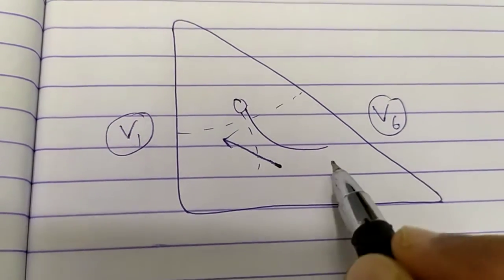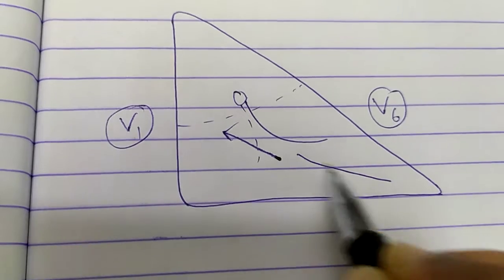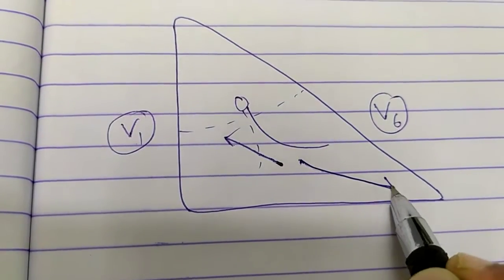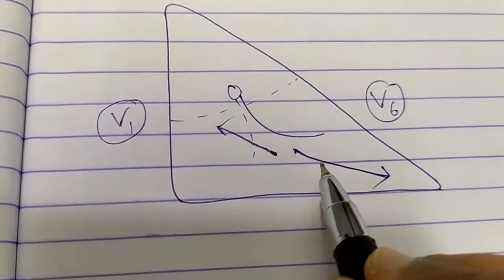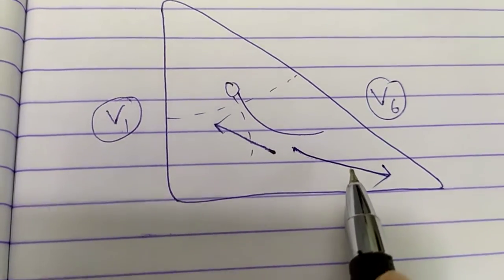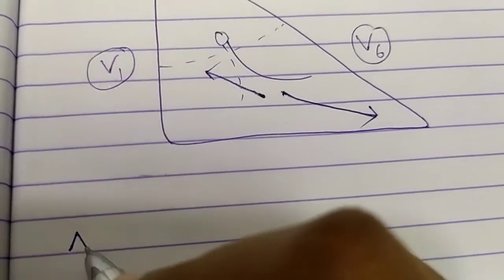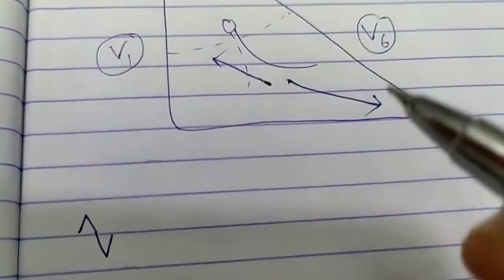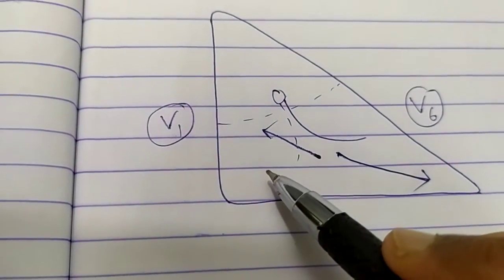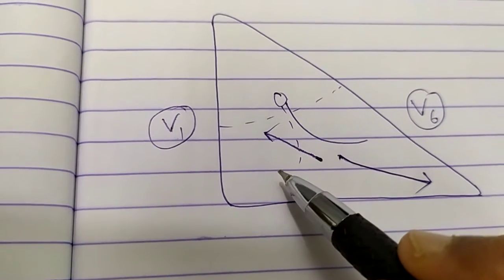The left ventricular depolarization happens along this direction, producing a vector which is moving away from V1. So this produces a negative wave on the ECG strip, and then ultimately followed by the right ventricular depolarization.